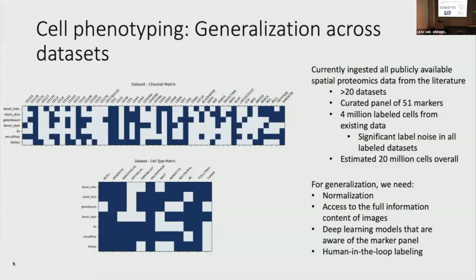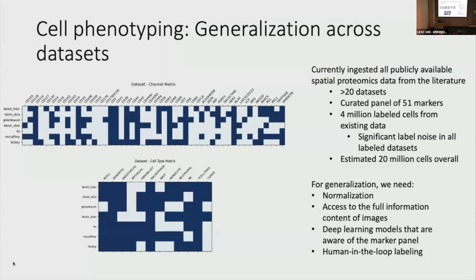The existing labels we've pulled in number about 4 million, of varying quality. There's a non-trivial amount of label noise. There's some estimate of how many cells are in there overall, but I'm not sure how much I currently believe this. It's probably more.